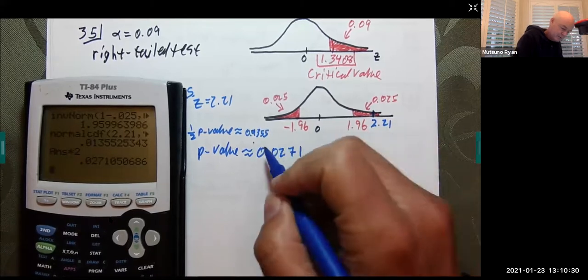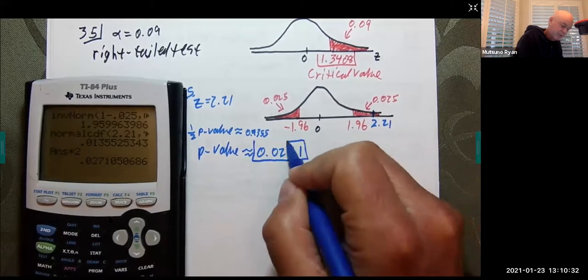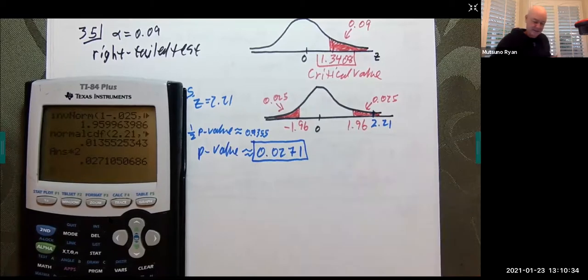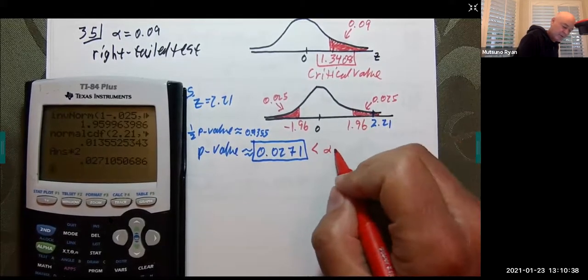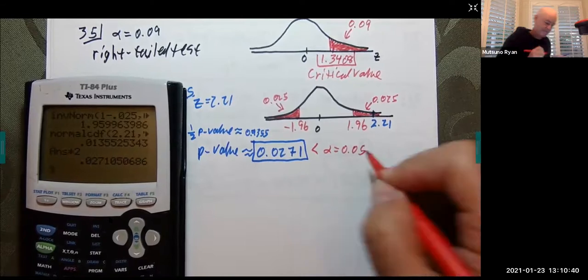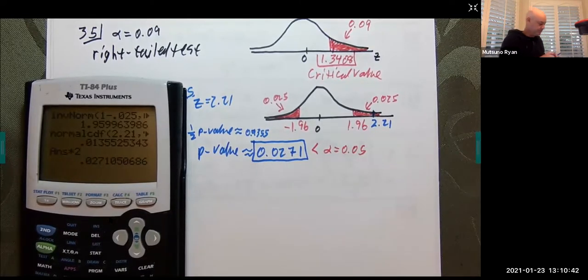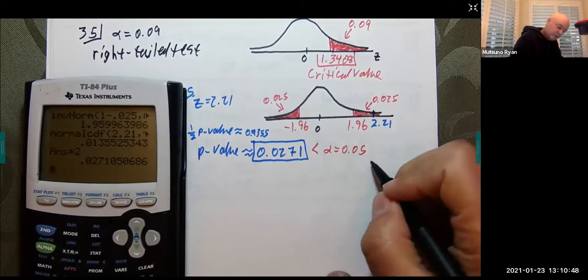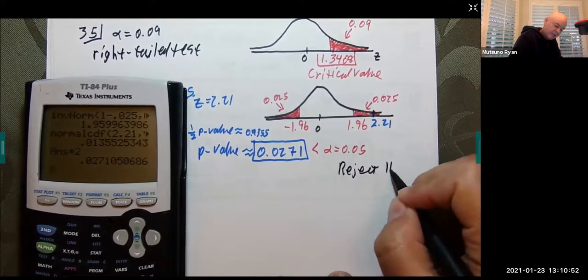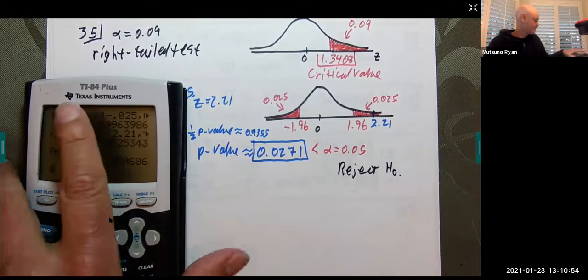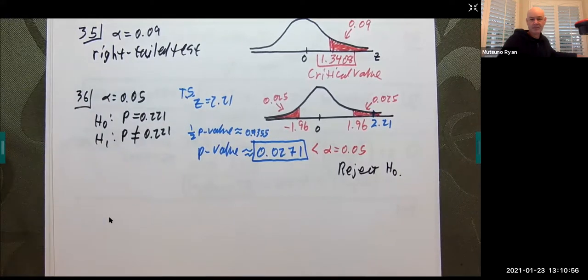That's one of the answers they're looking for. Right away, I can see that it is definitely less than our alpha, which is 0.05. So what conclusion can we come to? We're going to reject the null hypothesis. And that's all they wanted for that one.